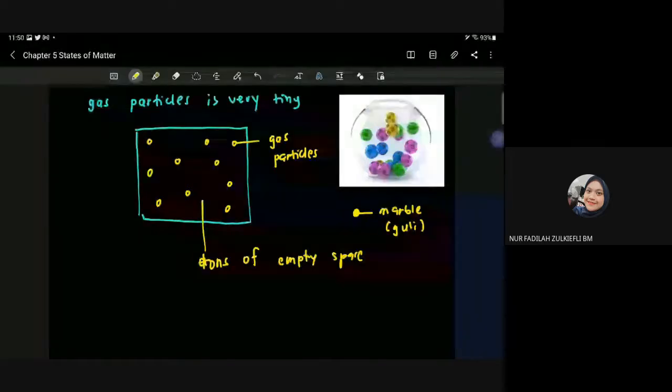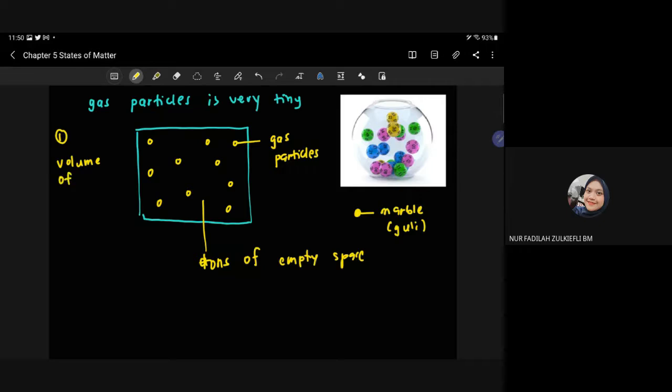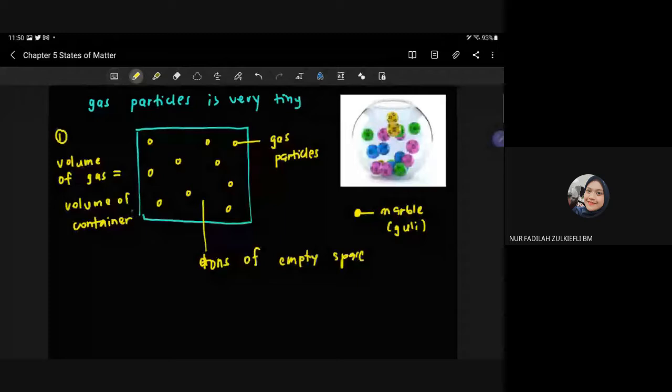So that's why the first theory, it says that the volume of the gas particles tu negligible. Negligible tu maksudnya disebabkan dia tiny, so sifat dia gas ni dia akan occupy the space of the container. Okay, so maksudnya the volume of gas kita abaikan dan kita akan assume volume of gas ni adalah equals to volume of container, disebabkan oleh sifat gas particles yang very tiny tadi.